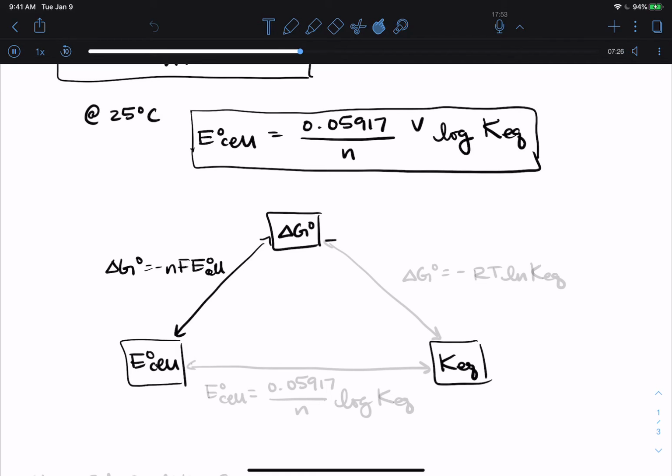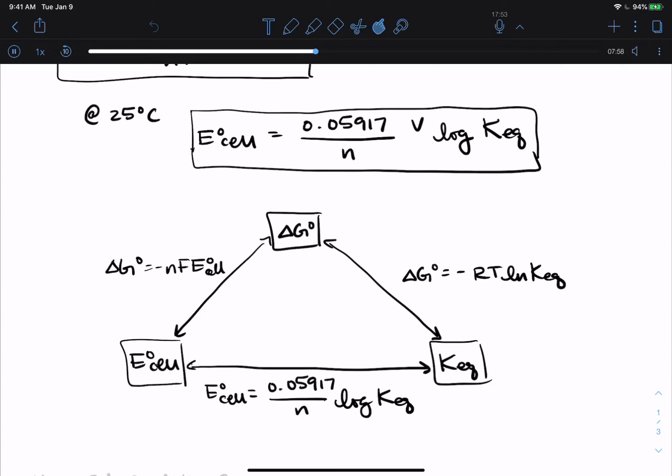The delta G and KEQ we did in a previous chapter. This is the delta G is minus RT ln of KEQ. And then we can combine those to go between the cell potential and the equilibrium constant. And I'm just going to put the simplified version here, 0.05917 over N times the log of the equilibrium constant.